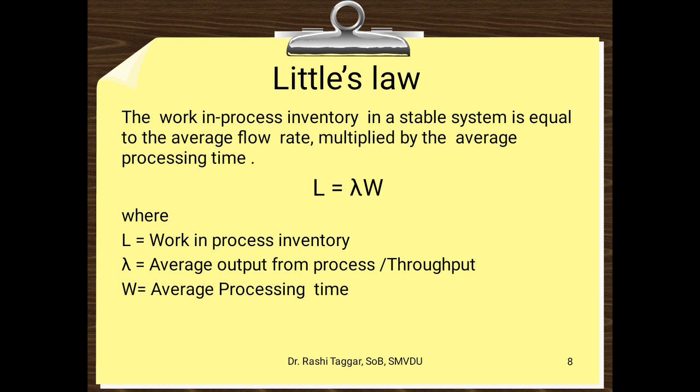And we have the assumption that the work in process inventory is in a stable system. So the system needs to be stable, then only we can use this Little's law.